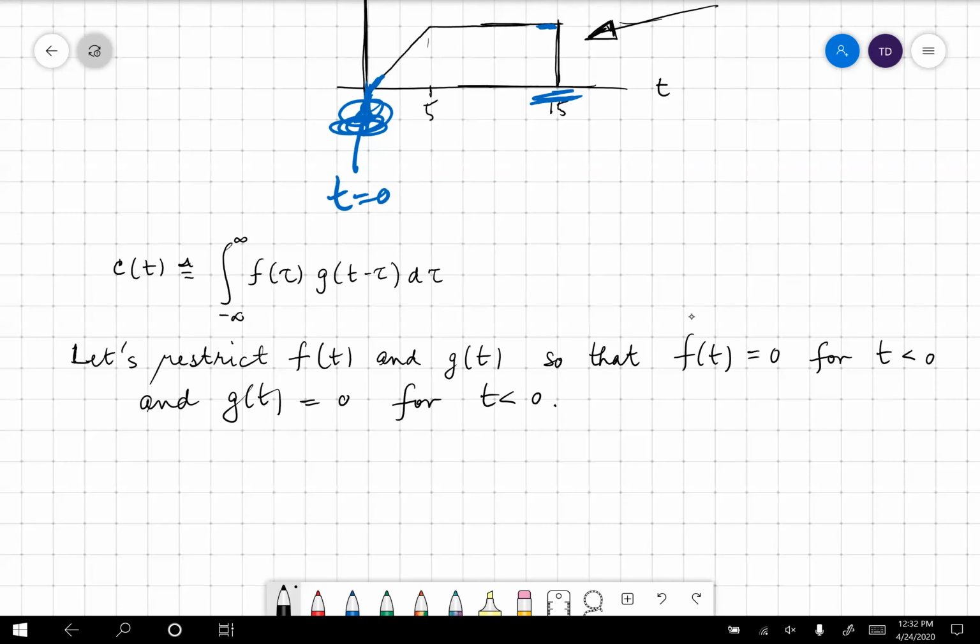If that's the case, right here in this integral, f of tau is going to be 0 for tau less than 0. I can change the lower limit. Therefore, I can shift that up to 0.